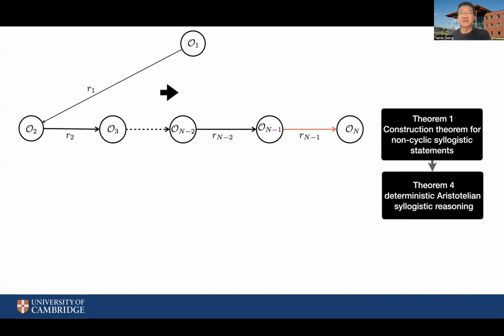Theorem 1 is actually for all non-cyclic statements, so it can create a model for all the n minus 1 premises. Then for the conclusion between sphere 1 and sphere n, it should fix sphere 1 and sphere n minus 1 and do a constraint optimization. If it reaches global 0, then the final model is found, and the reasoning is satisfiable.